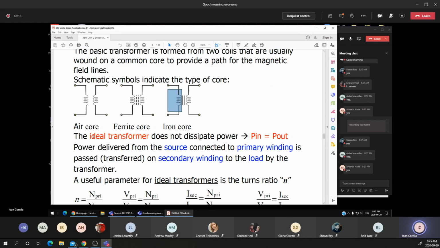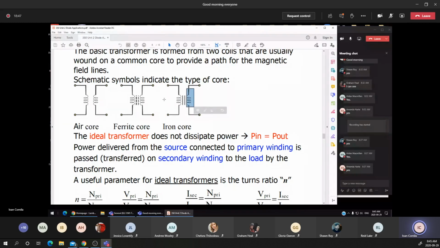Remember that, being an ideal transformer, what a transformer does is transfer, that's why it's called a transformer. It will transfer the energy from one coil into the other coil. This type of transformer does not have an electrical connection between the primary winding and the secondary winding. The energy that is created in the primary winding is transferred to the secondary winding.